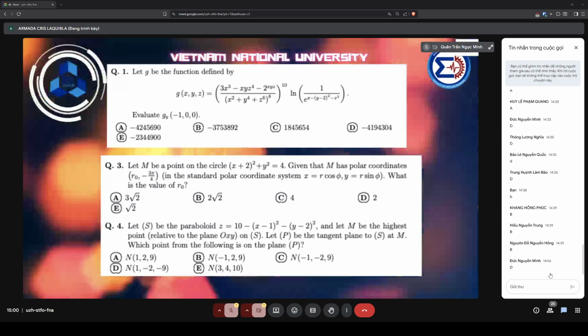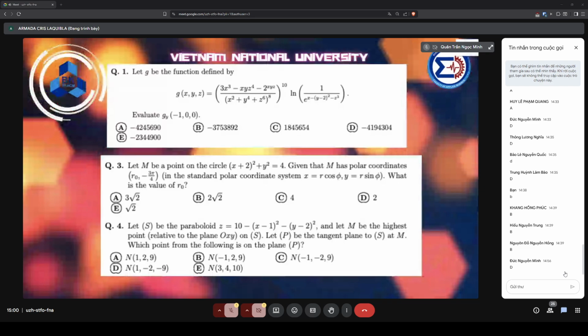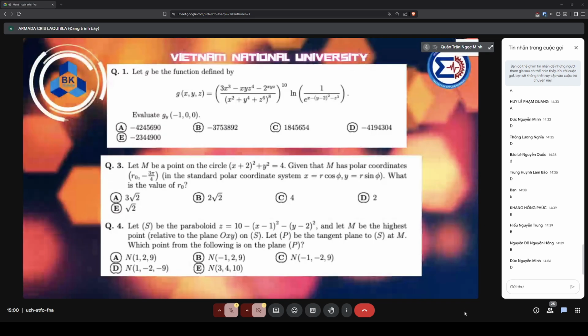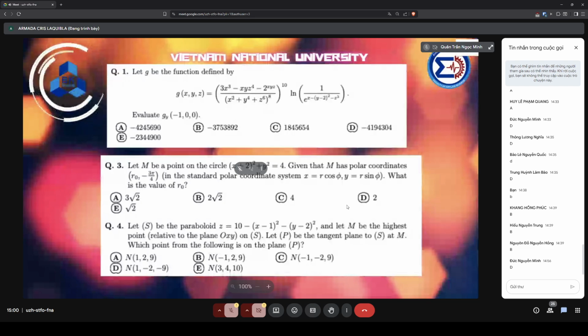Again, you have to show your solutions here, and then after that, you pick the letter of your choice. Okay? Teacher, can I do it on my iPad? How to submit this quiz? Okay. You have to take a photo of your answer.